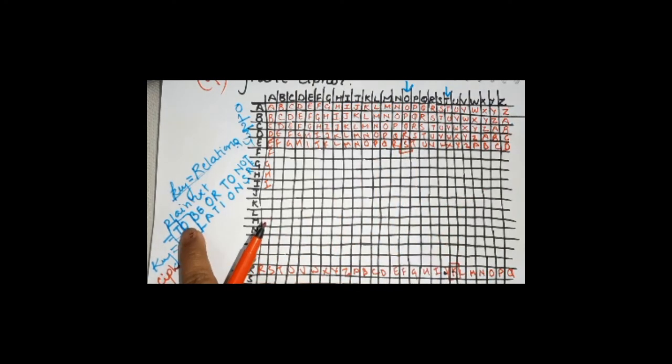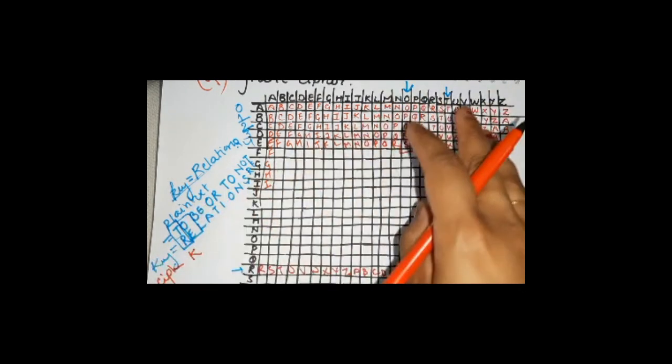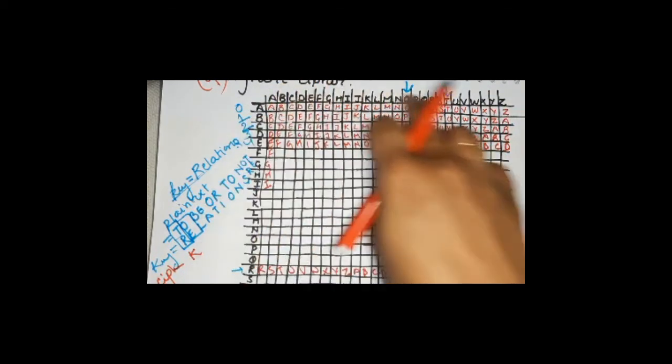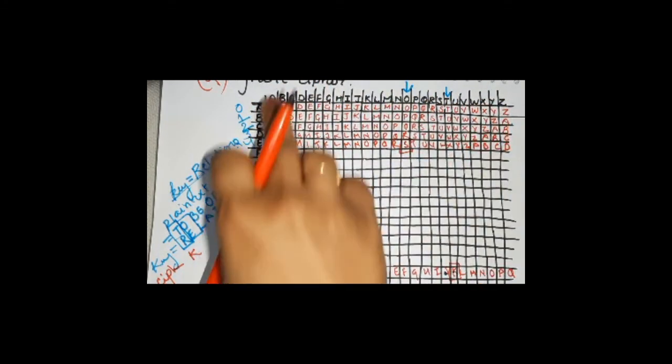Some people will be confused about where to see the plain text and where to see the key. See, in any order, you can see the key here and the plain text here, or the plain text here and the key here.